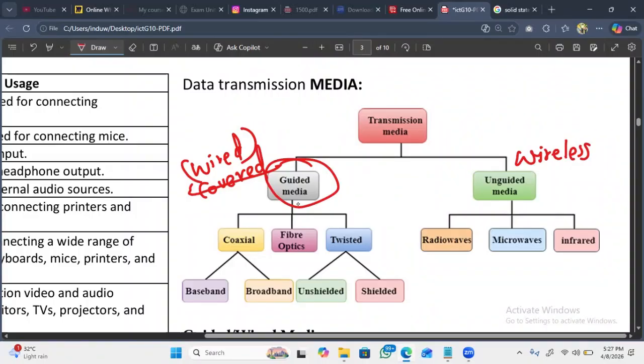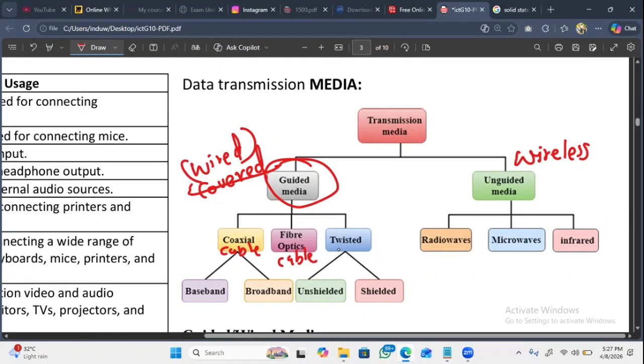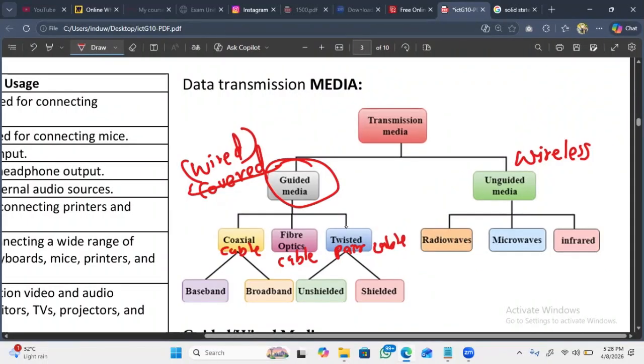In guided media, we have three main cables: coaxial cable, fiber optic cable, and twisted pair cable. Inside twisted pair cable, we have unshielded and shielded. Unshielded means open, shielded means covered.